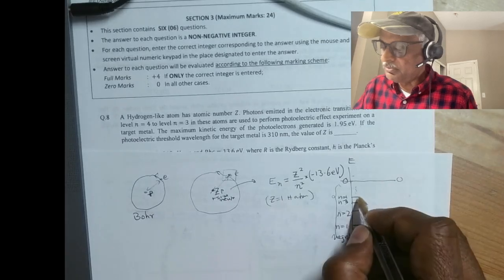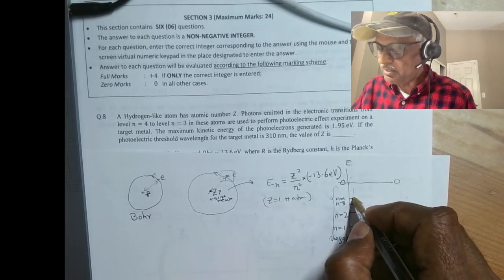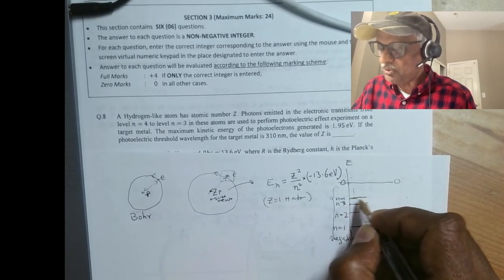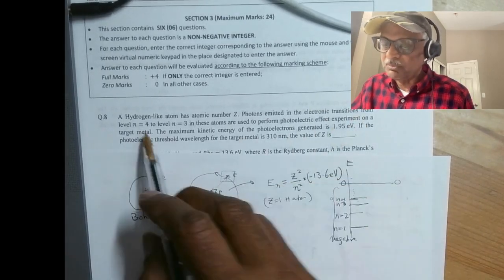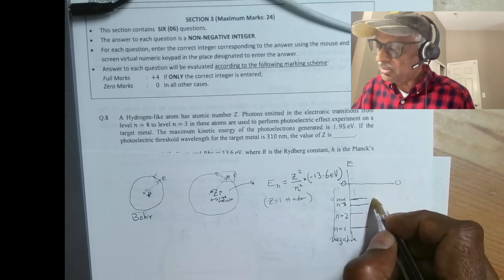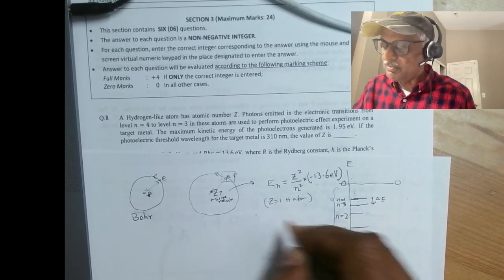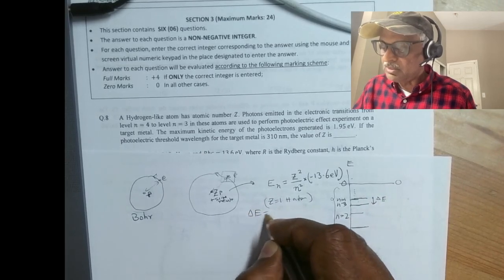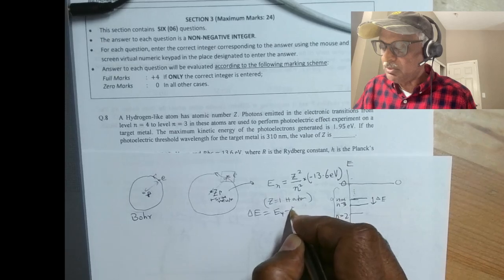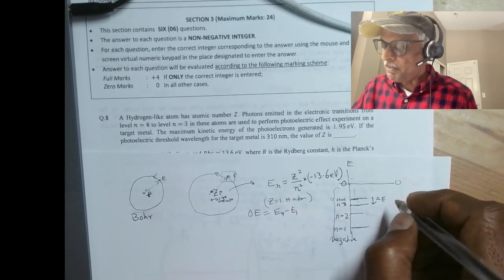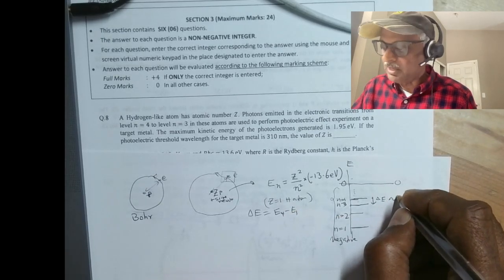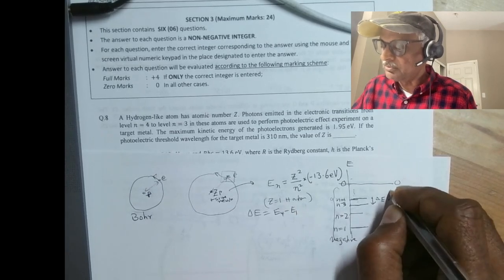So if you look at what's happening here, it says transition from n equals 4 to n equals 3, so there is this energy delta E. Delta E was E4 minus E3, so this energy came out as a photon.